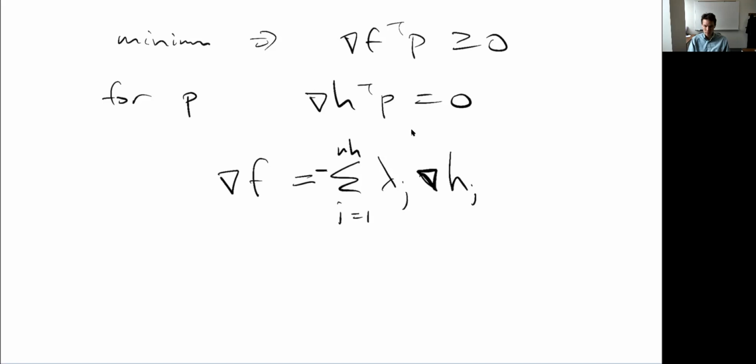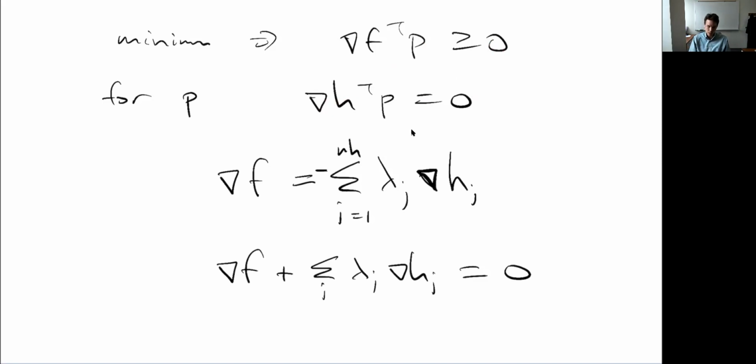Okay, so if that's the case, another way we could write this is this. We could move everything to the right. We could say the gradient of f plus the sum of lambda times the gradient of h equals 0. So these are the conditions we derived, and what we can prove, although I didn't prove it, like I said, is that there's always a solution.